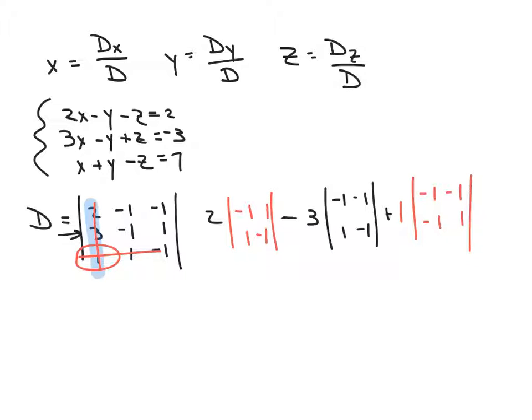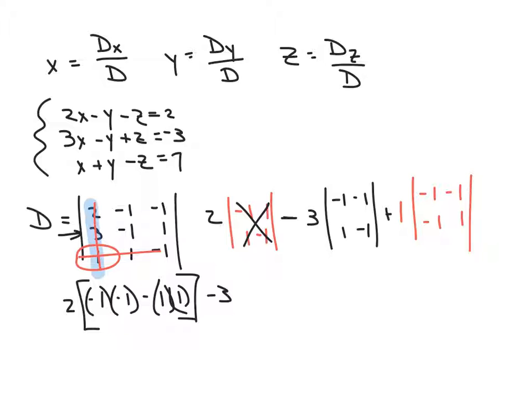All right, so not too bad here. I'm going to give myself some space. Then I do negative 1 times negative 1 minus 1 times 1, because remember, I do those and then subtract.